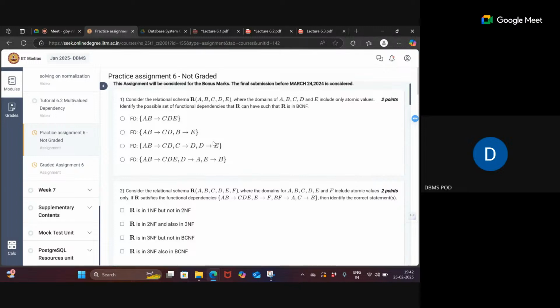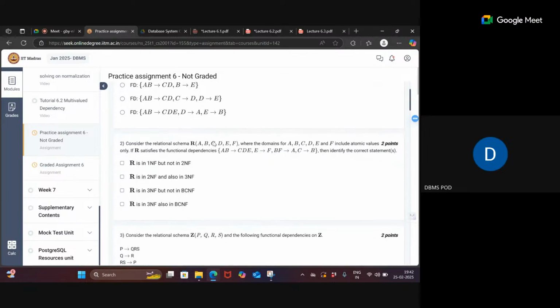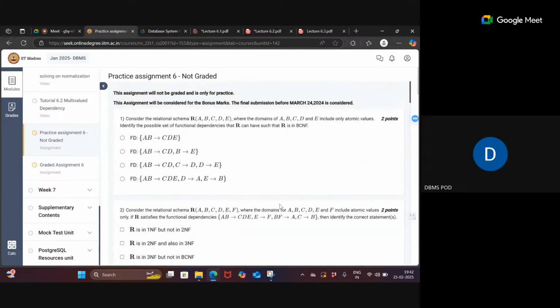And this is not MSQ, this is only MCQ. Just try, I will give some time. We will solve the first two problems, so that the time will also be finished.